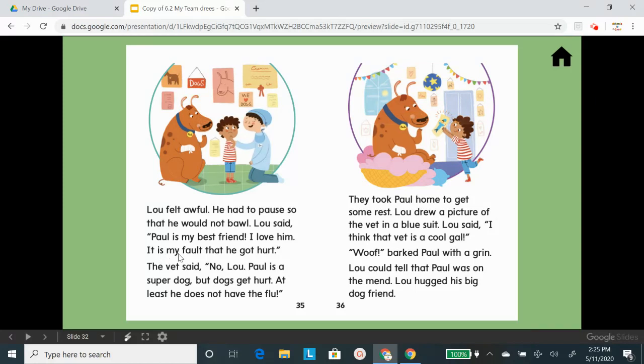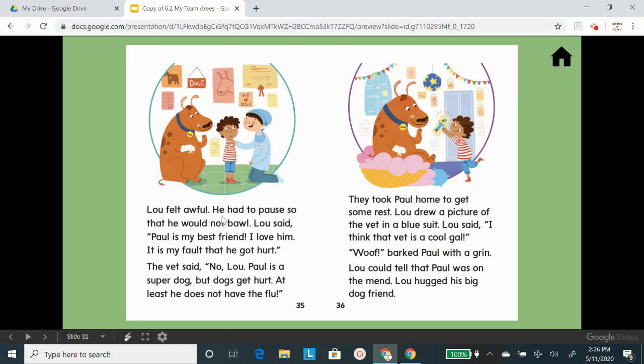It is my fault that he got hurt. The vet said, no, Lou, Paul is a super dog, but dogs get hurt. At least he does not have the flu. Let's reread that page again.